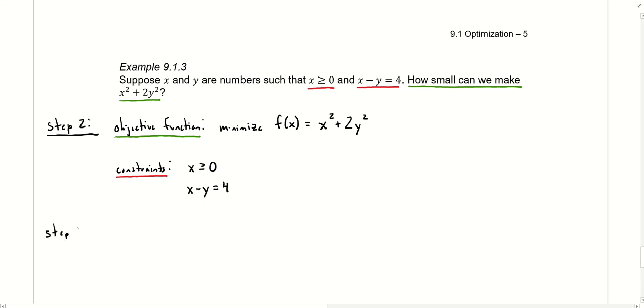Now, like I just mentioned, in step 2, I wrote my objective function as if it was already a function of x. I said f of x equals this thing. In step 3, I'm going to use my constraints, or more specifically one of my constraints, to get this actually in terms of just plain old x. So it is a function of x.